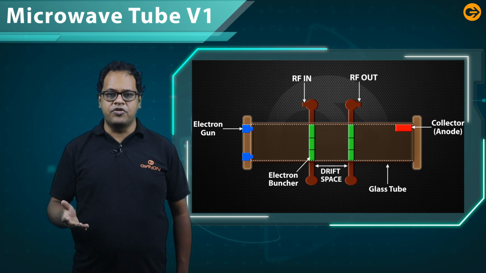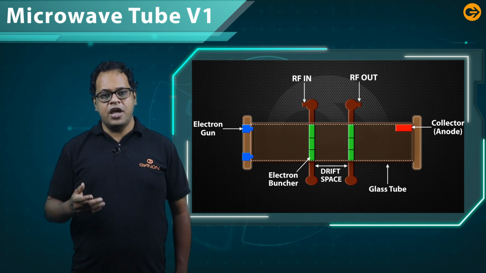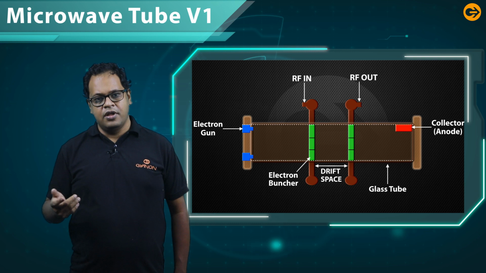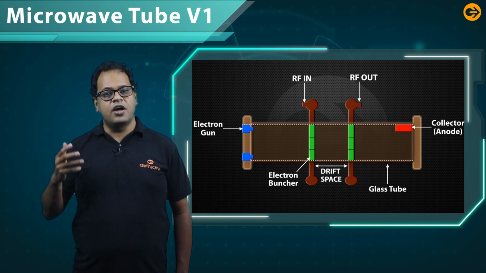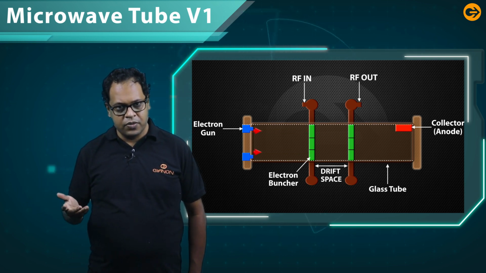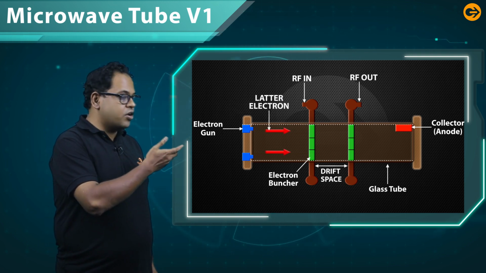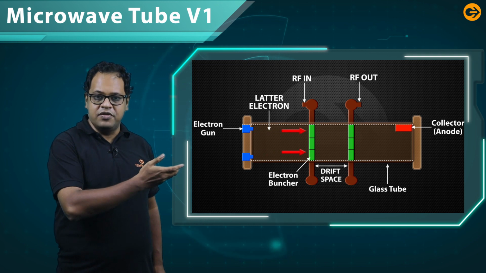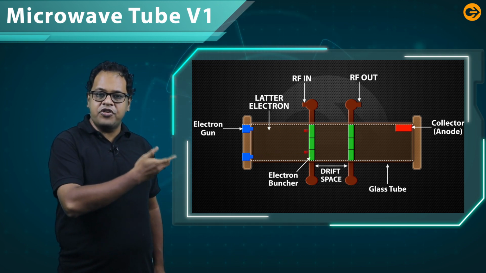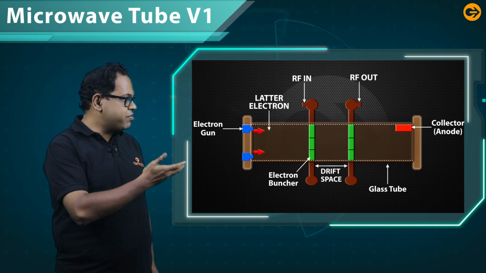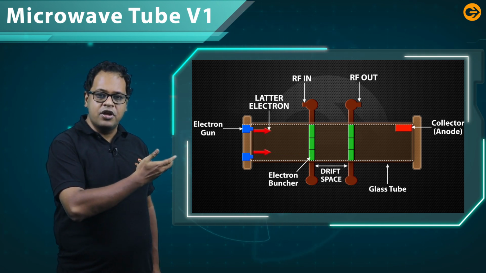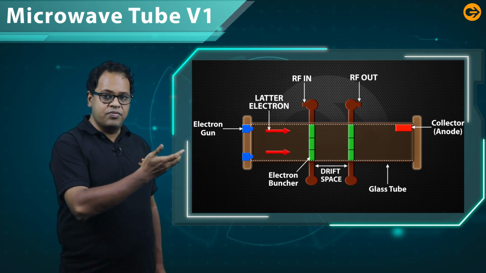In two-cavity klystron, three types of electrons are used, that means three types with respect to the velocity of the electron. The first one is the later electron, between the electron gun and the first cavity. Here the electron velocity is less, that's why it is called the later electron.